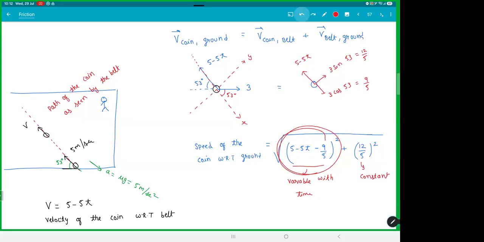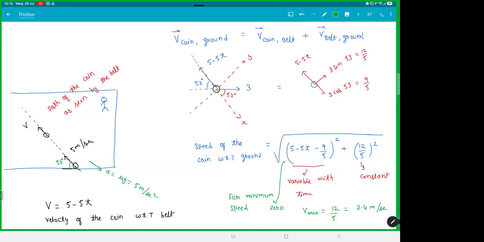The only value you can change is the left-hand term. So for minimum speed, this term will be 0. That means the minimum speed of the coin will be 12 by 5, which is 2.4 meters per second.